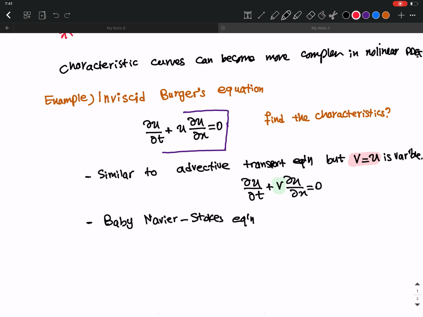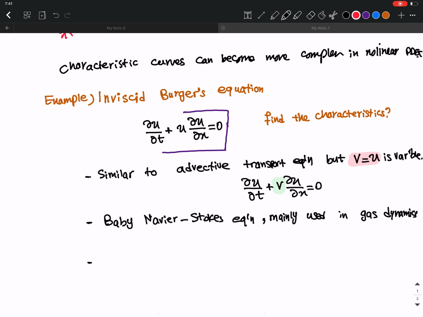So this is a baby Navier-Stokes equation, and it's mainly used in gas dynamics. When you have shock waves and other things, aeronautical space, this is the main application of this equation.